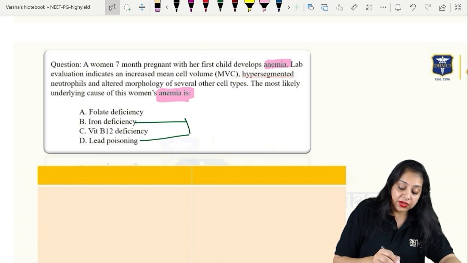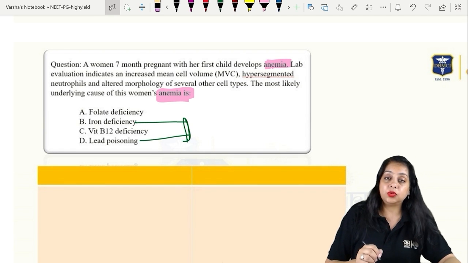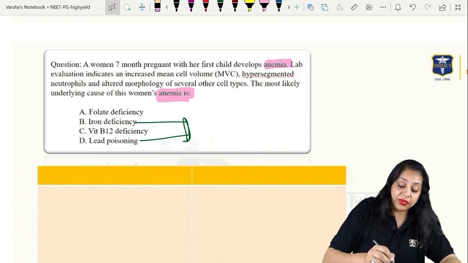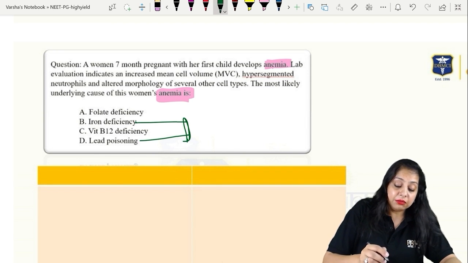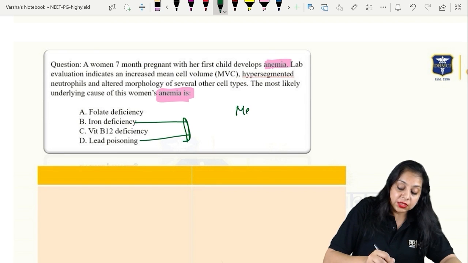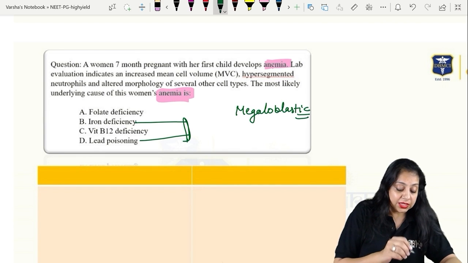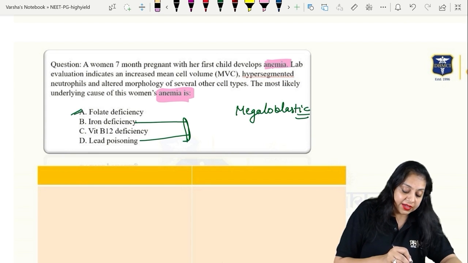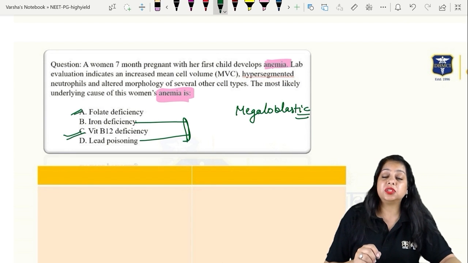It cannot be lead poisoning, because that is a sideroblastic anemia. With increased mean cell volume, she is probably having megaloblastic anemia. And megaloblastic anemia is caused by both folate and vitamin B12 deficiency. So how to figure it out?